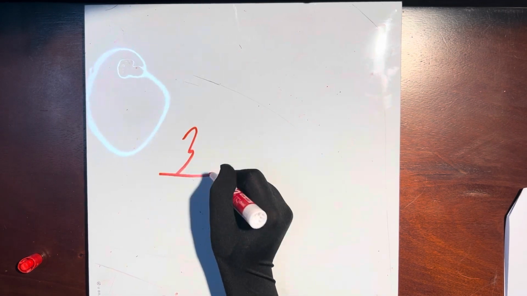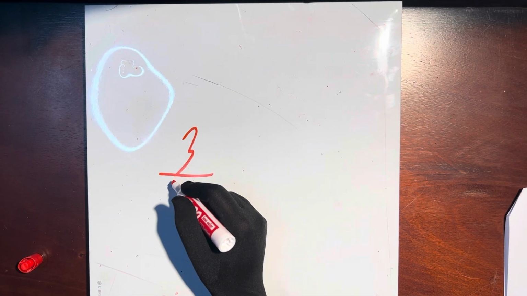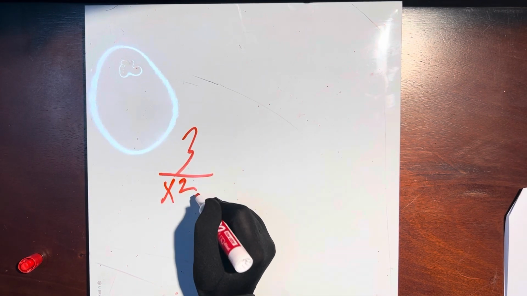And finally, last, and certainly not least, is the limit as x goes to infinity. Take an equation like this, for example: 3 over x squared.